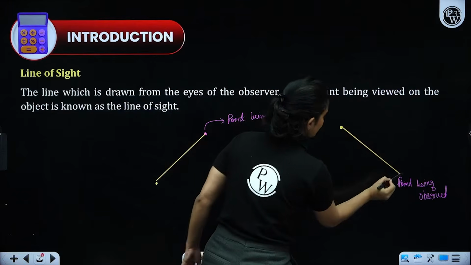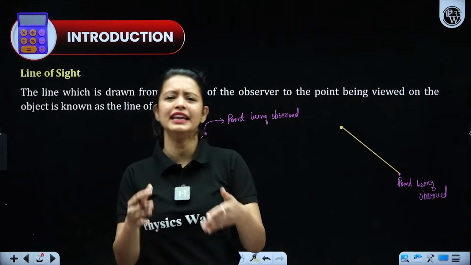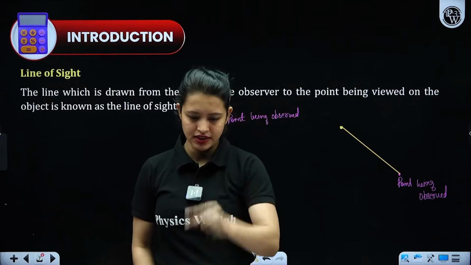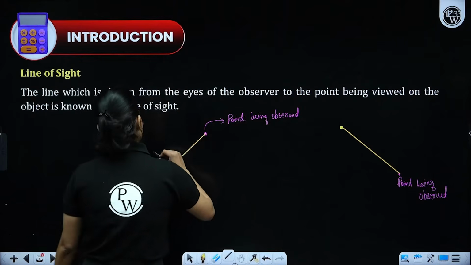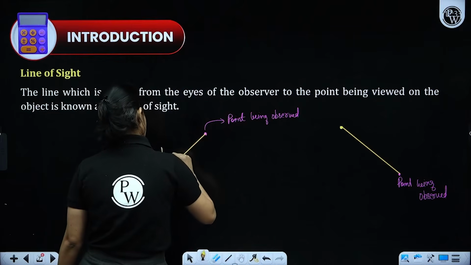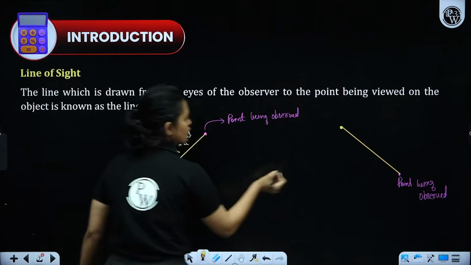This here is your line of sight. You can imagine it like this: if I am watching a car on the ground, this entire line segment would be the line of sight. That's it. It's as simple as that. Similarly, here also this is the line of sight.